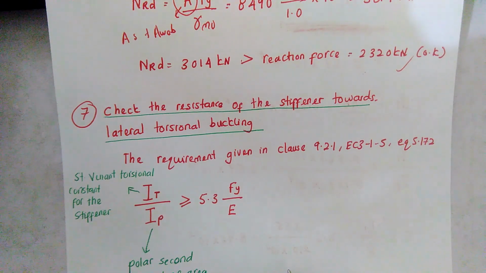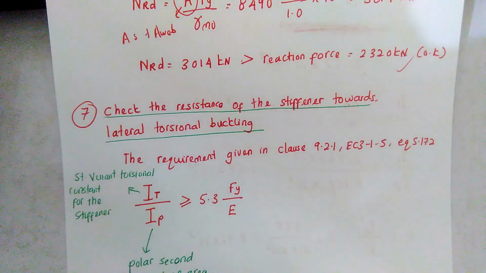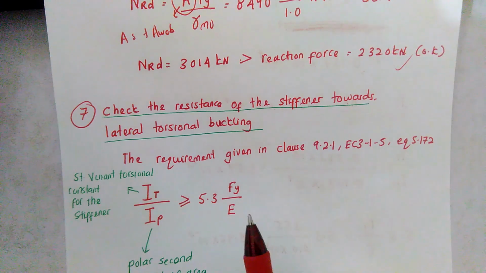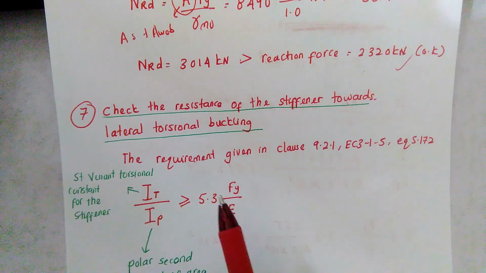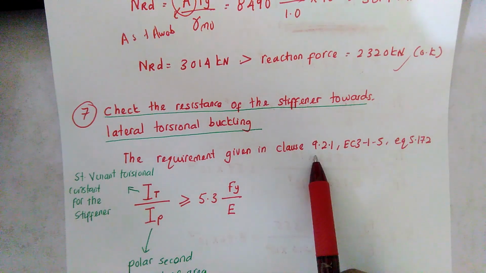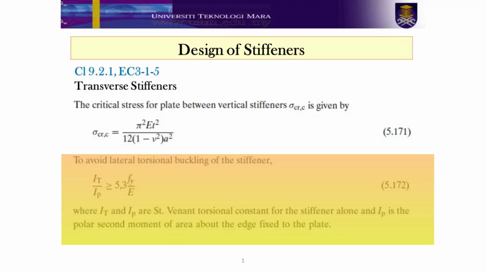Once everything has been satisfied, one more last check that we need to conduct is to check the resistance of the stiffener towards lateral torsional buckling. We want to make sure that our plate girder does not buckle laterally and torsionally under the applied load. So how can you ensure that? You have to go to clause 9.2.1, EC3 Part 1-5, equation 5.172.